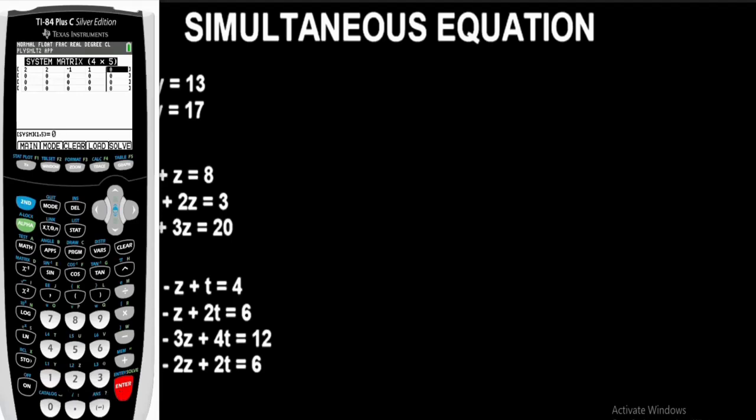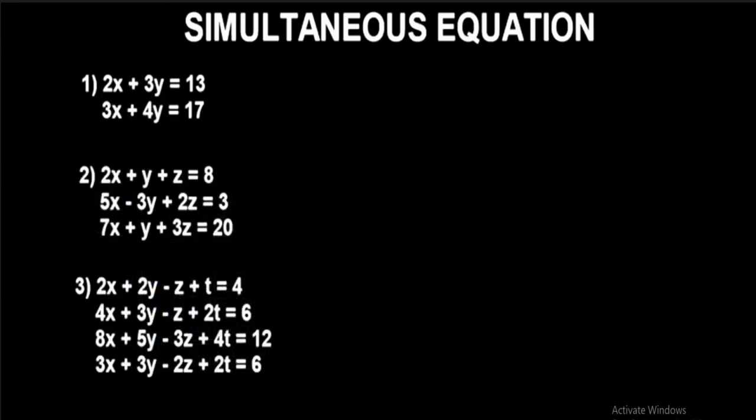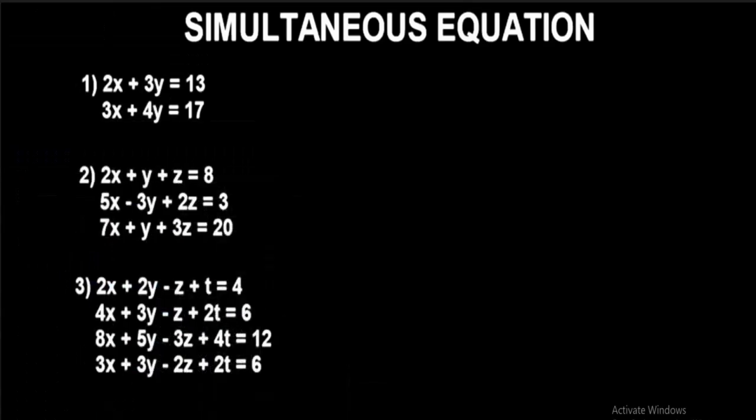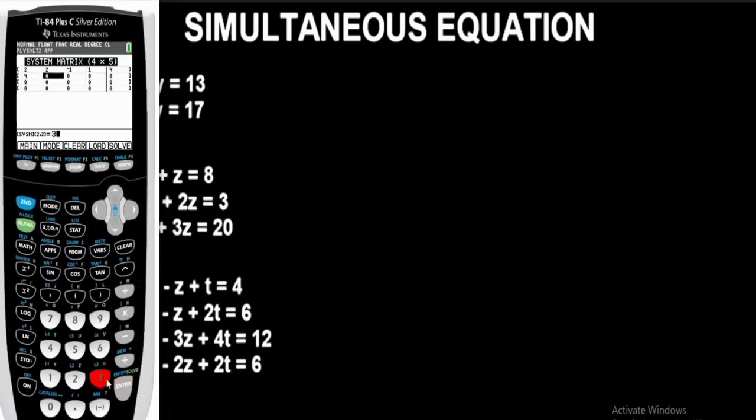Enter. And we have constant is what, 4. Alright, so the next equation, we have coefficient of 4x is what, 4. Okay, then we have 3y, coefficient is what, 3. Enter. Then we have minus z is still -1. Okay, so we have 2t, coefficient is what, 2, and the constant is what, 6.